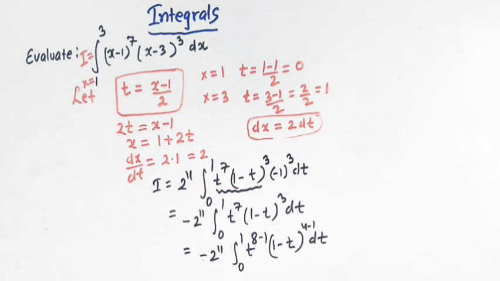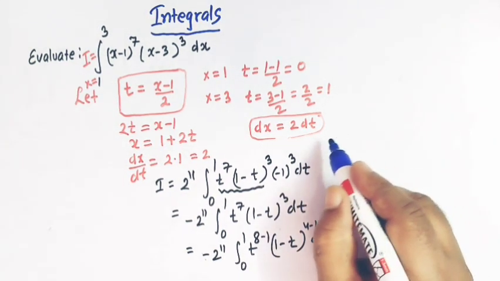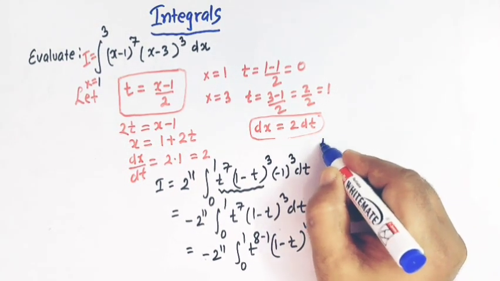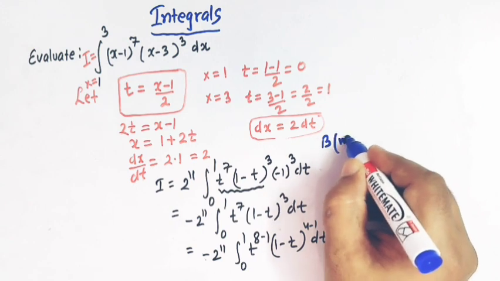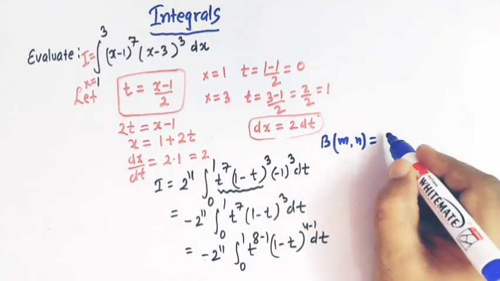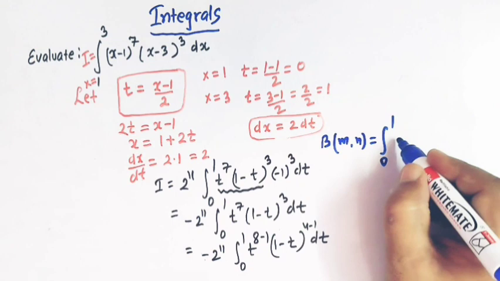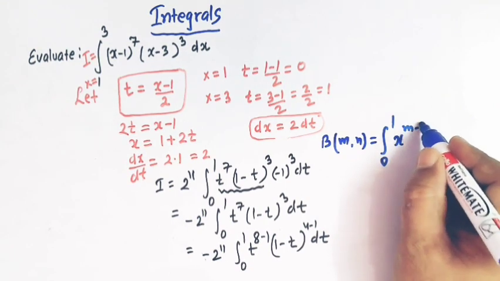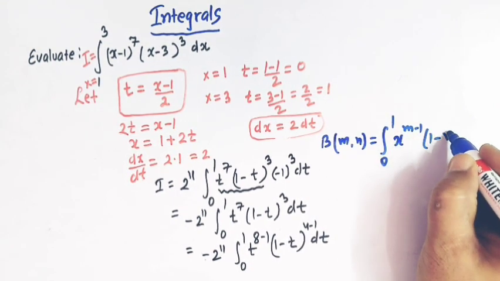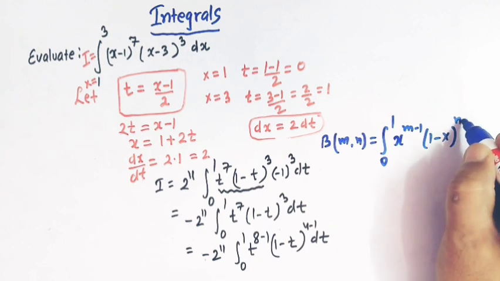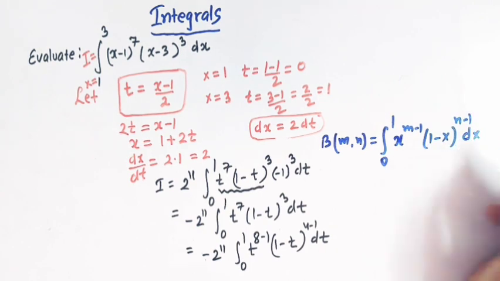So now Euler's integral of the first kind can be expressed as beta(m, n), which is the integral from 0 to 1 of x raised to m minus 1 and 1 minus x raised to n minus 1 dx, right?